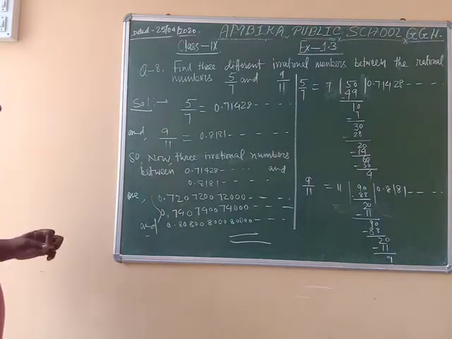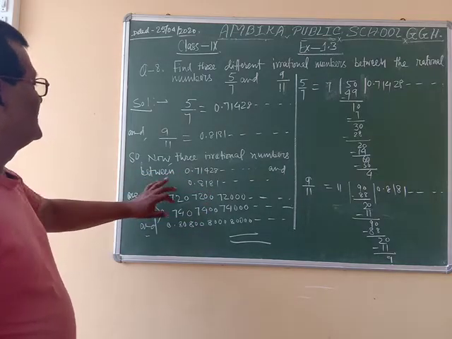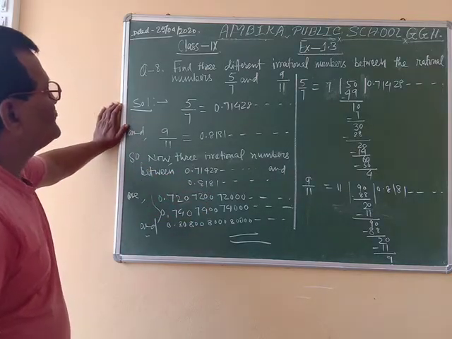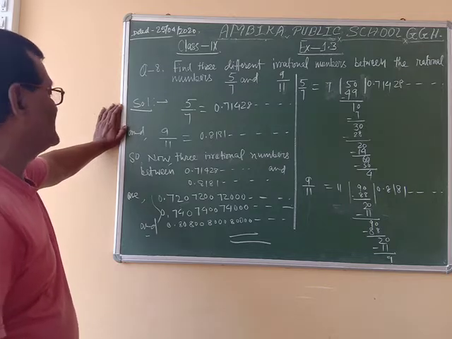Many irrational numbers are between 0.71 and 0.81. So we have to write only three different irrational numbers.